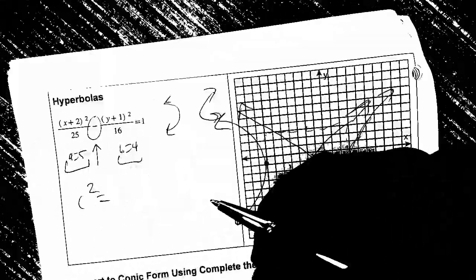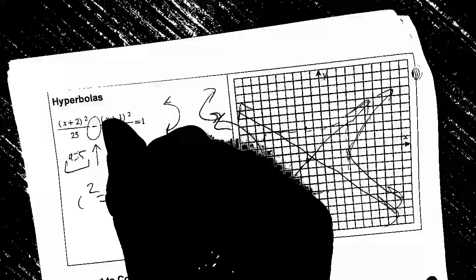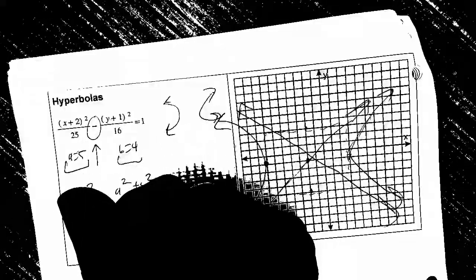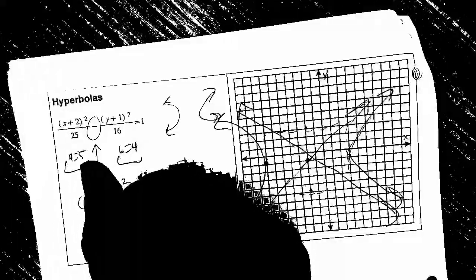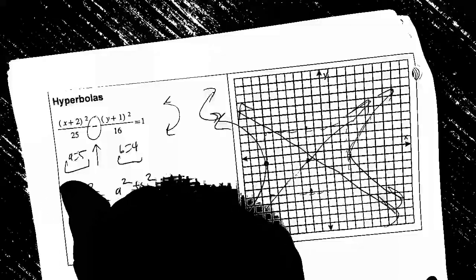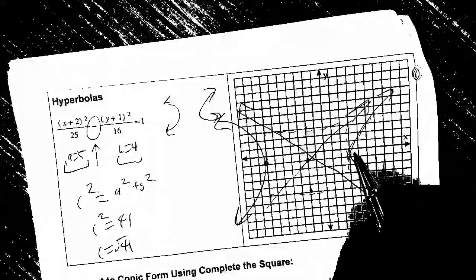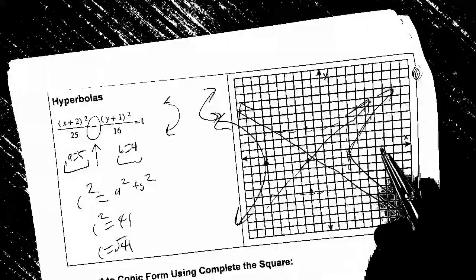To get the focus, to get C for hyperbolas, what do you do? A squared plus B squared. So that is 41. And that is on the same axis as the vertices.